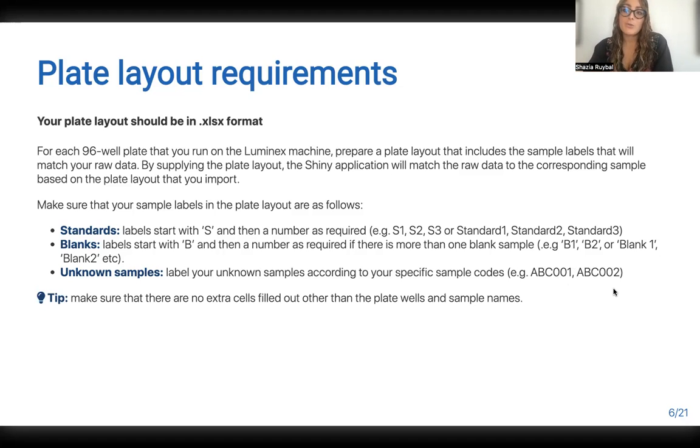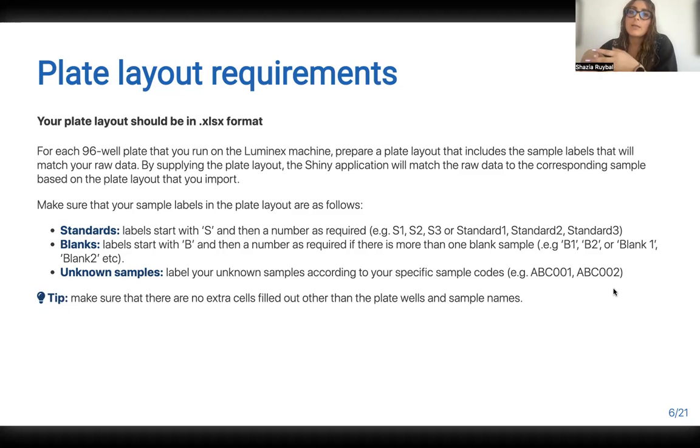Another thing to make sure is that there are no extra cells filled out other than the plate wells and sample names. The Shiny app is designed to expect essentially just a 96 well plate table. If you have notes below for yourself for your plate layout for the Luminex run, for example to keep note of which antigens you used or which bead regions, that's fine.